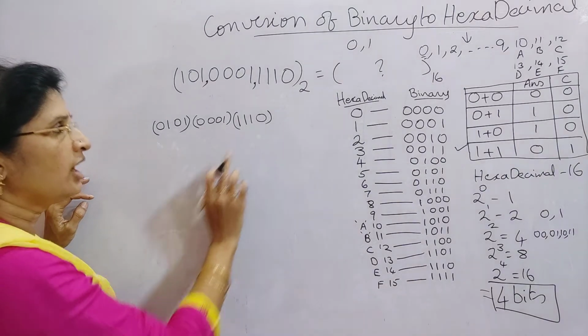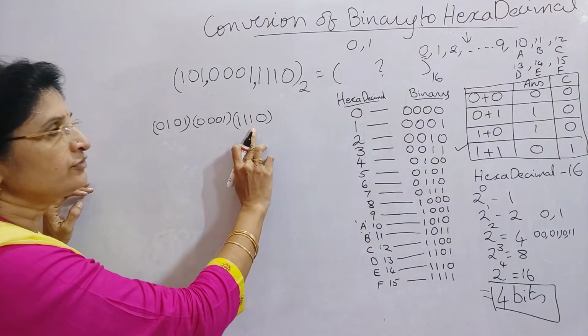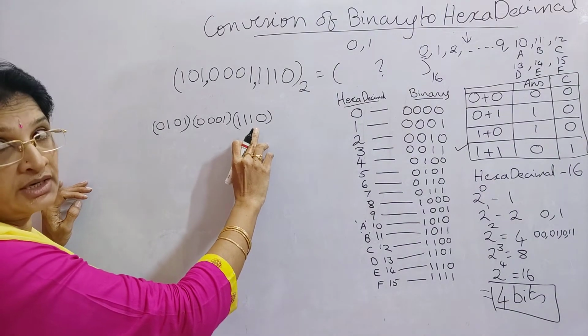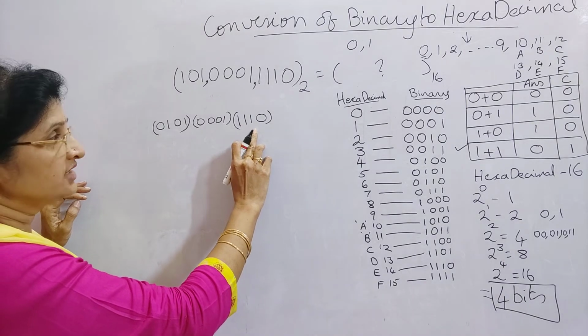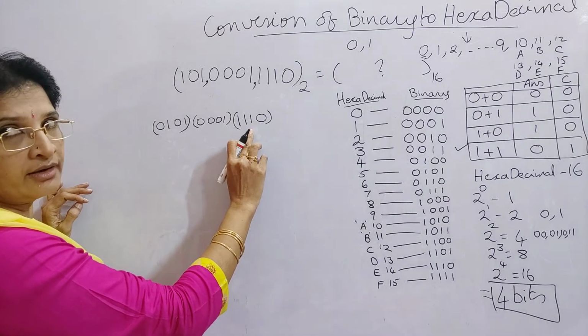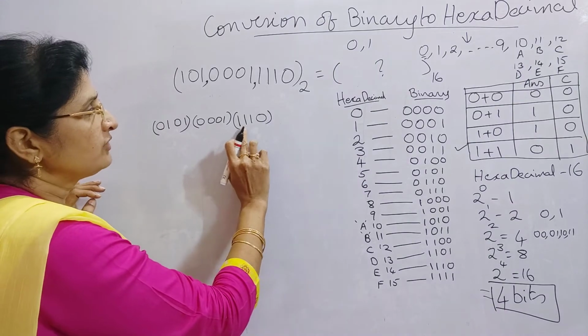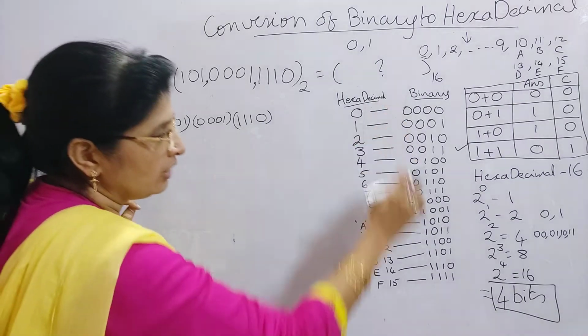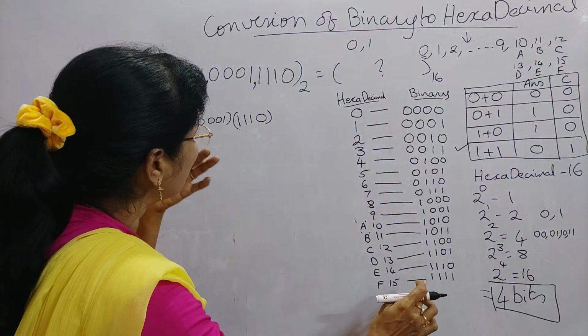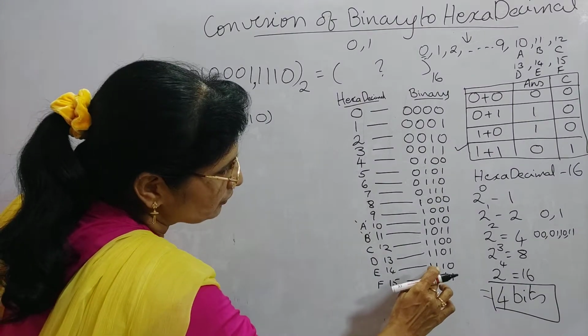So next what you have to do is, now you have to find the equivalent digit in your hexadecimal number for this particular binary code. So what is 1110? So now see in this table, what is the value of 1110?